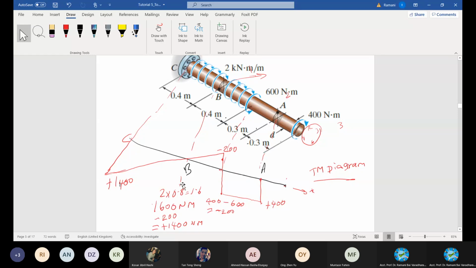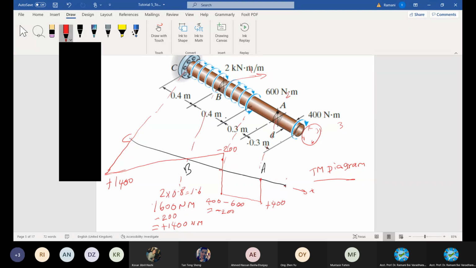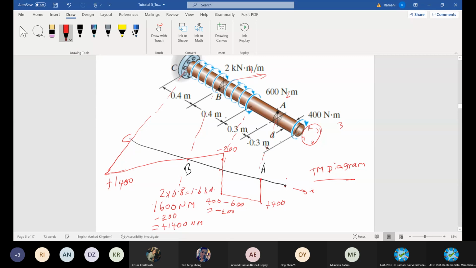So I calculate the total moment that is acting between this point and C, over the distance of 0.8. I get this value in kilonewton meter. Then I convert this into Newton meter by multiplying by 1000, and I will get 1600 Newton meter.